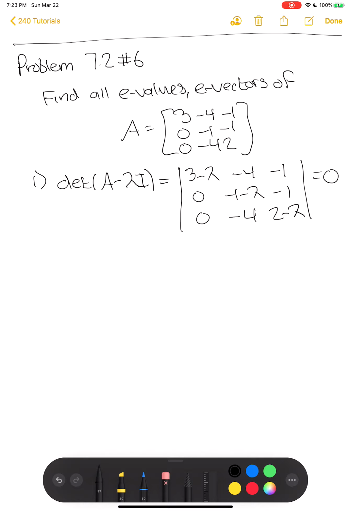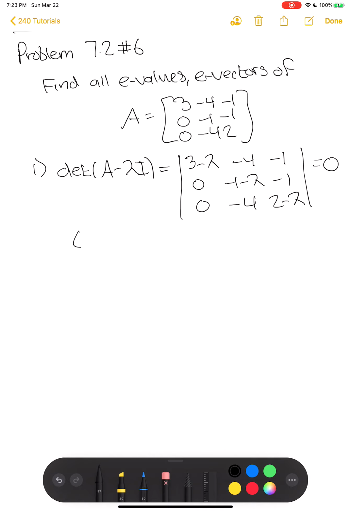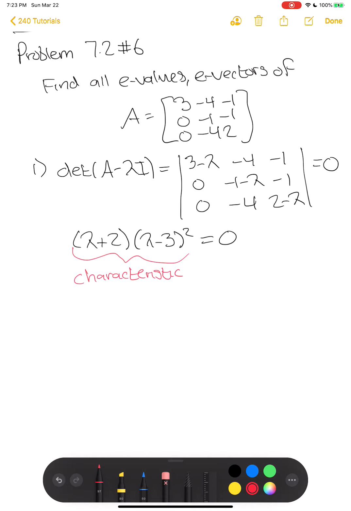I won't do it on screen, but you're welcome to do it at home. And what you would end up with is lambda plus 2 times lambda minus 3 squared is equal to 0. Okay, so this here is the characteristic polynomial, and it's called, like I said, p of lambda.